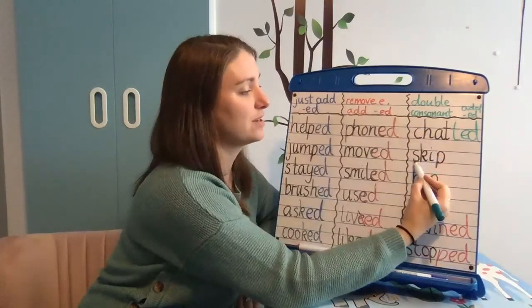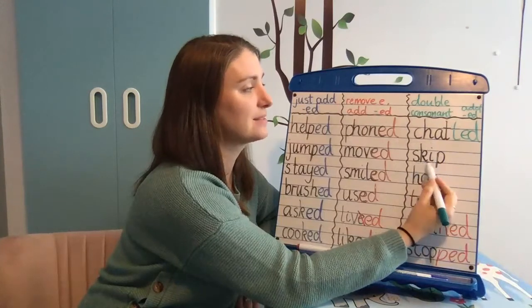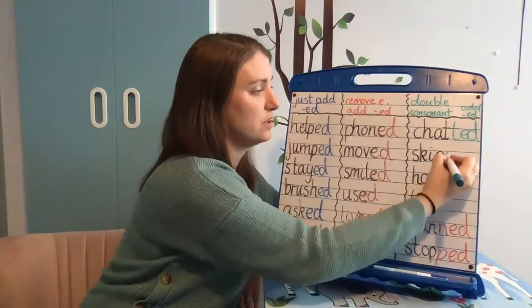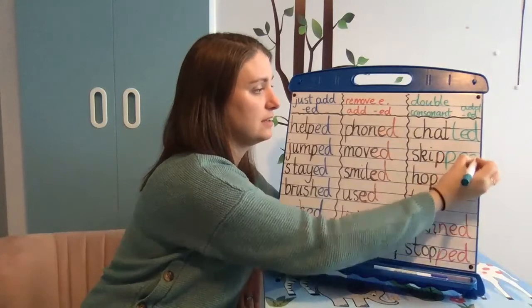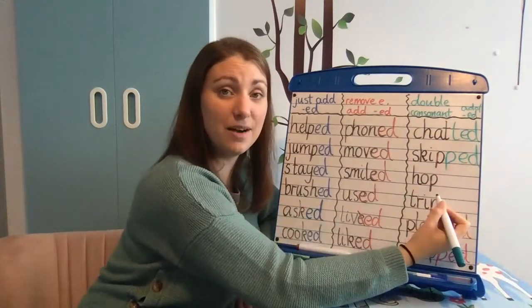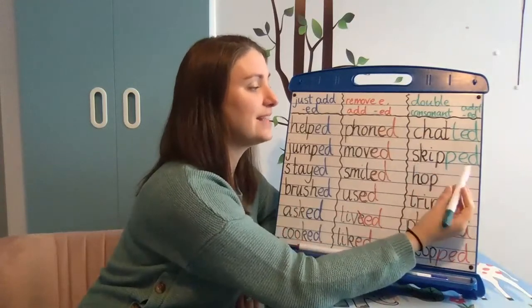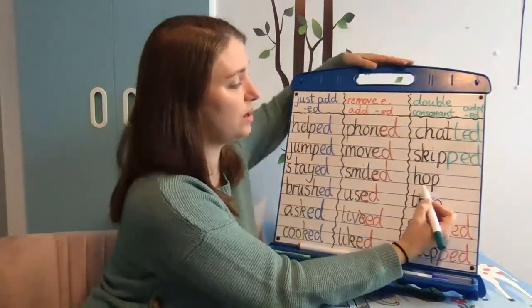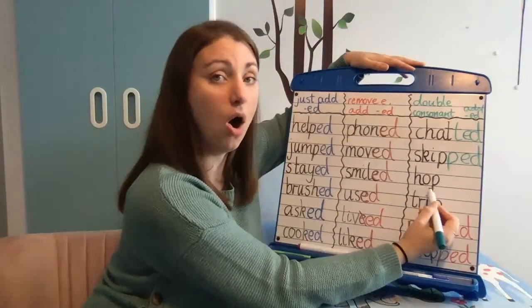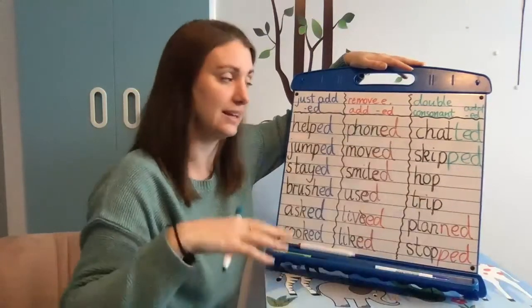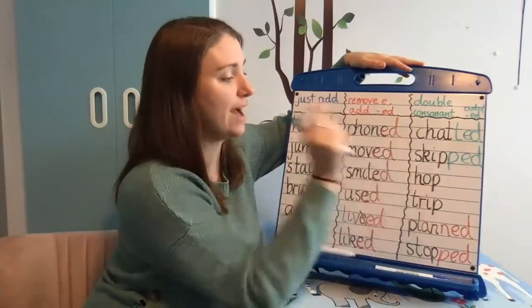Right, let's try this one. Skip. Double the consonant, add ED. What does it say now? Skipped. Yesterday, I skipped. Let's try this one. Hop. Hop, so I hop, that's happening now. It's got a short vowel, op.